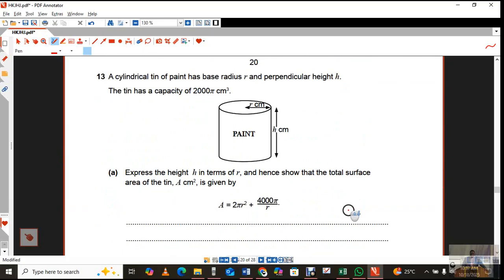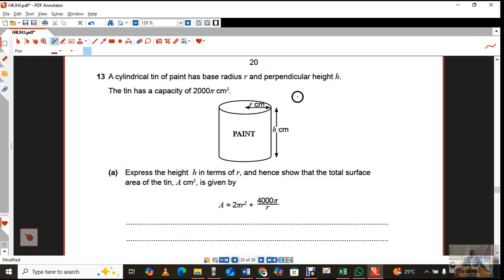Good. That brings me to question 13. A cylindrical tin of paint has a base radius of r and a perpendicular height of h. The tin has a capacity of 2000 pi cubic centimeters.